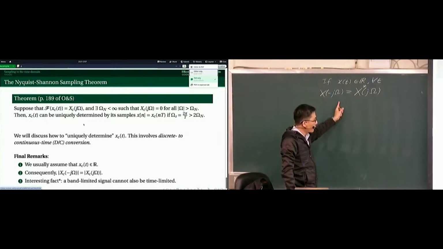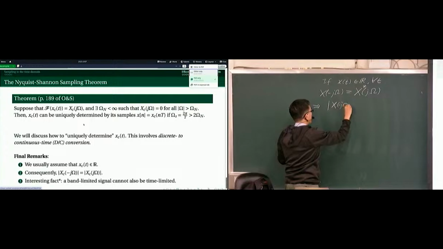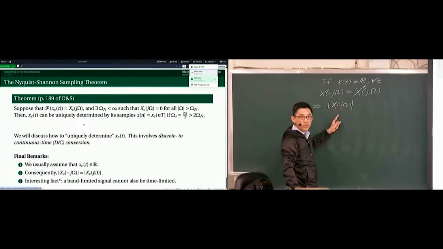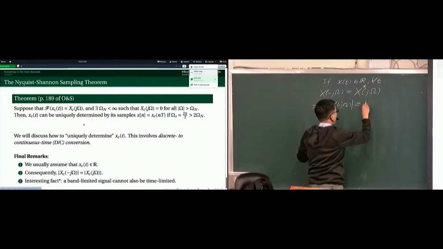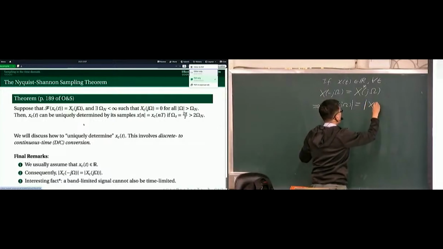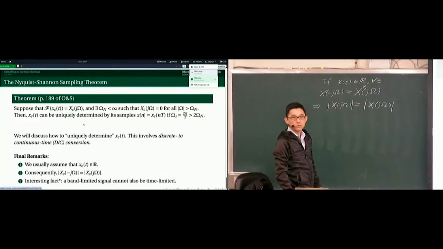And because of that, if you take the absolute value, we're talking about the magnitude spectrum. The magnitude spectrum is going to be symmetric around frequency 0, because the complex conjugate has the same absolute value.